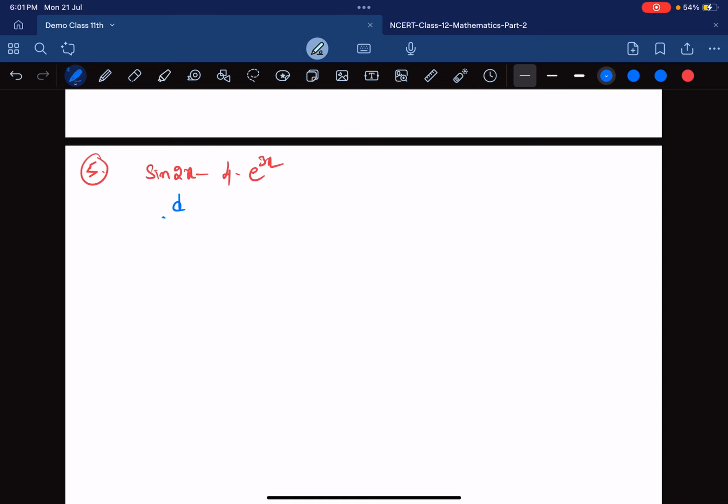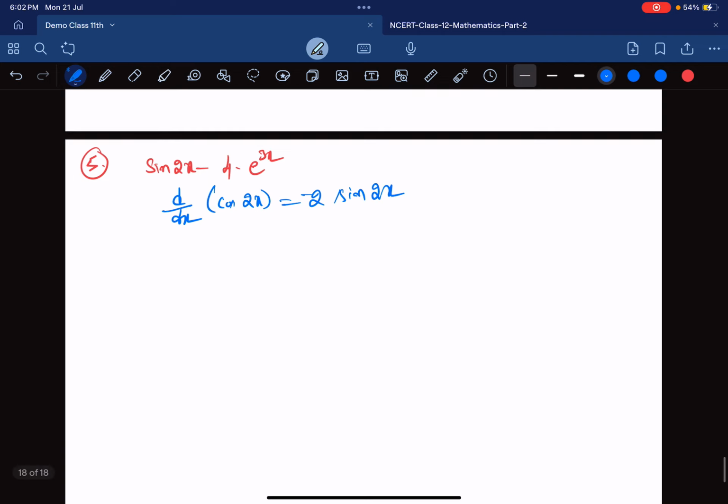The differentiation of cos 2x is 2 times sin 2x, with the minus, because the derivative of cos x is minus sin x.